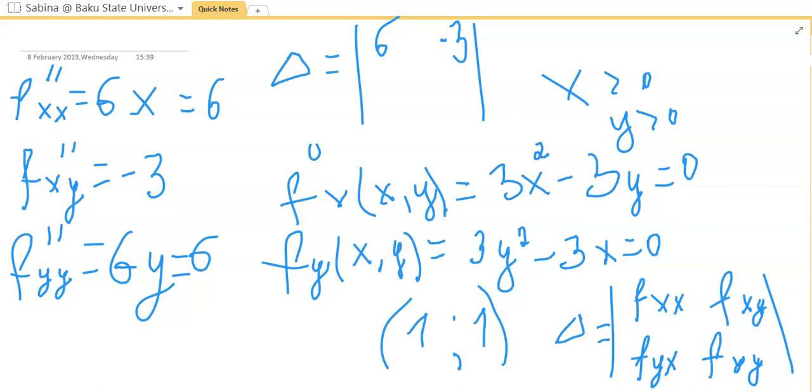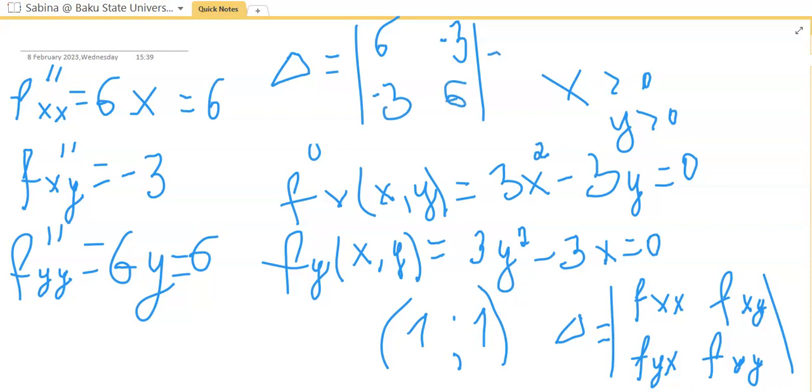If this determinant is greater than 0, then we have extremum points. If this determinant is less than 0, there is no extremum. And third case, if this determinant is equal to 0, then further investigation is needed. In our case, it will be negative 3 here and 6.